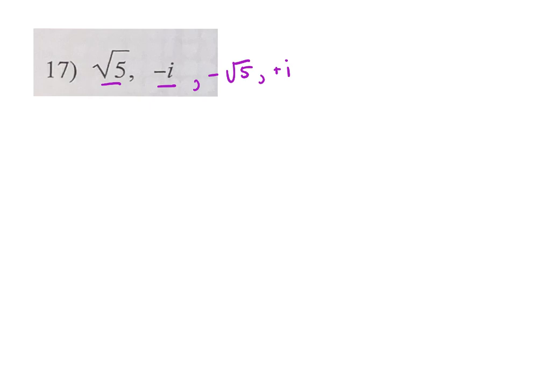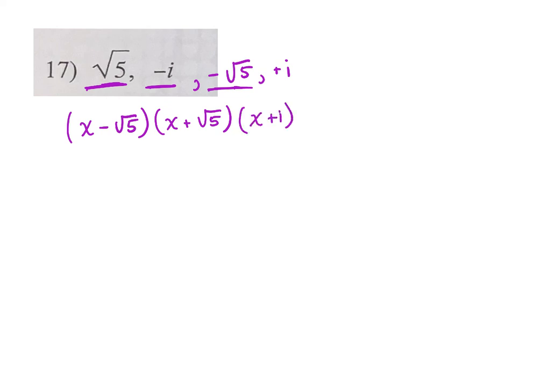When I do a problem like this, I always pair up my groups. So I'm going to say, again, just like I did before, x minus square root of 5 for that guy right there. And then minus a negative, so x plus square root of 5. Then x minus a negative i, well, that's x plus i, and x minus i.